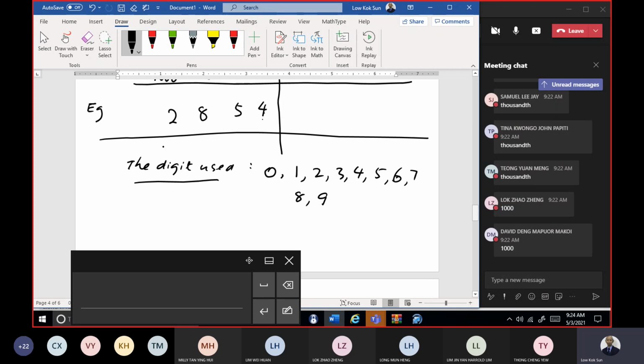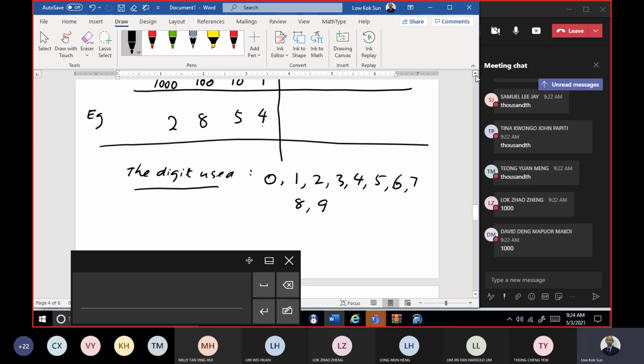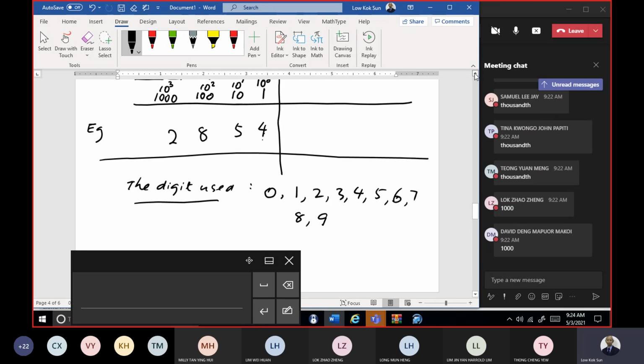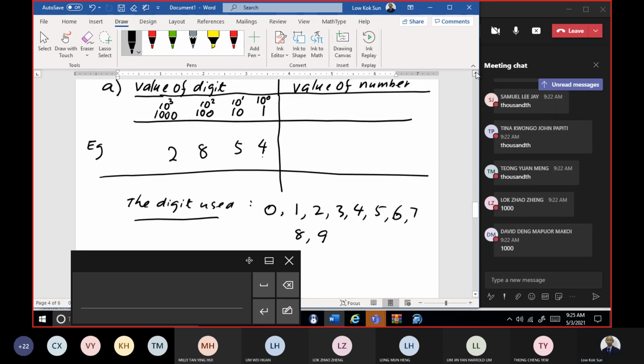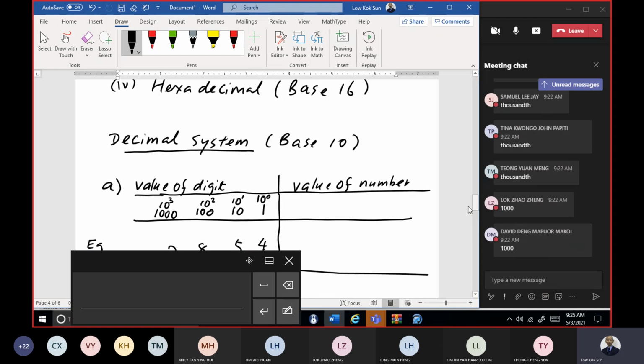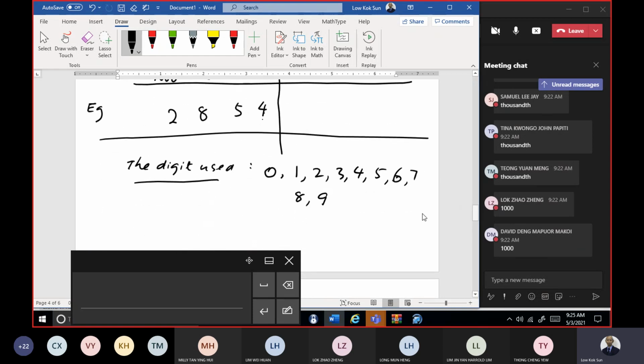So in writing a base 10 number, we can use all these digits, but there's no 10. After one round to 9 it is already full, and the next number repeats 0, 1, 2, 3, 4. You understand.